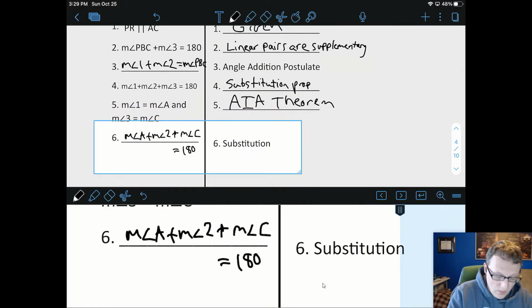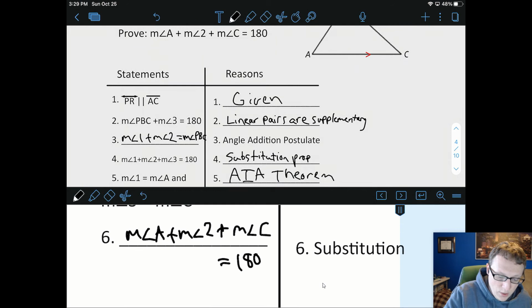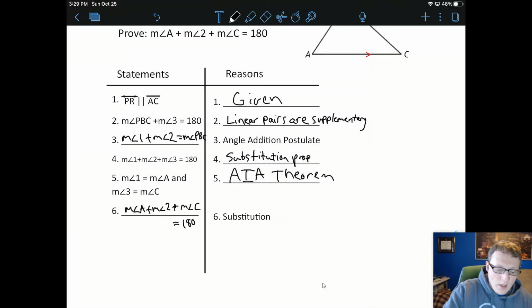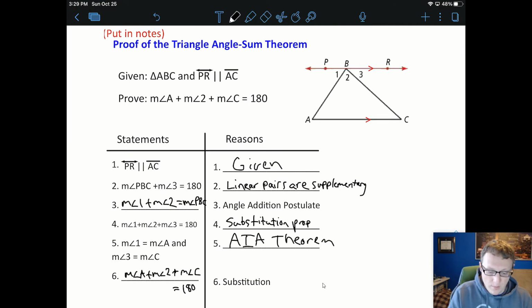Sorry, I can't fit it all in one line. That's via substitution. And notice that is what we were trying to prove, that no matter what, A plus 2 plus C, the measures of those angles have to equal 180. And this works with any triangle because of the setup that we had. All right, so that's the proof of the triangle angle sum theorem.